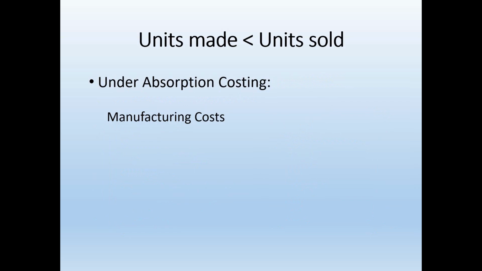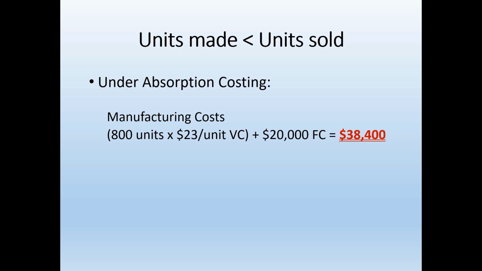Let's look at absorption costing first. In December, the manufacturing costs will be $23 per unit variable manufacturing costs times the 800 units that the firm made, plus $20,000 of fixed manufacturing overhead, to give us the total manufacturing cost for the period.